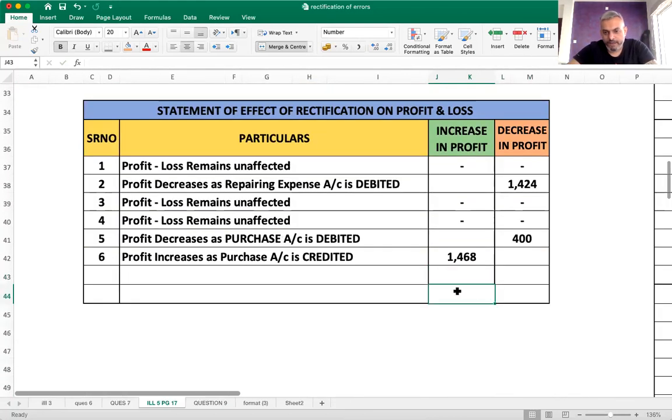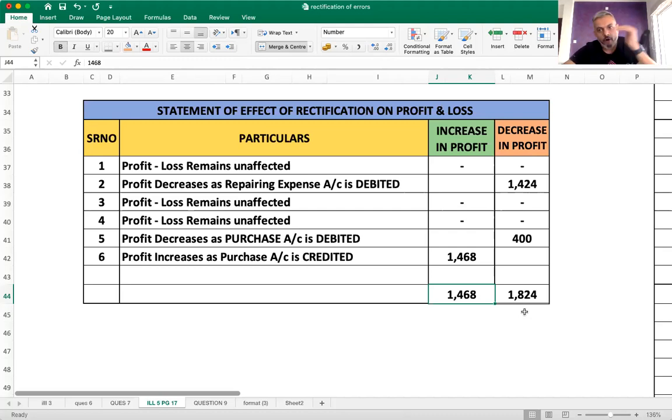Now, once we have done with this, just do the total. 1468 increase and decrease is 1824. Balance नहीं करना है, just total करना है. You don't have to balance them. Now, because of rectification, your profit should increase by 1468 and profit should decrease by 1824.